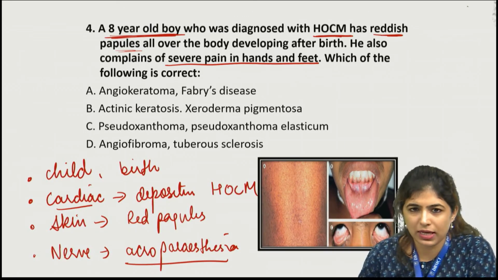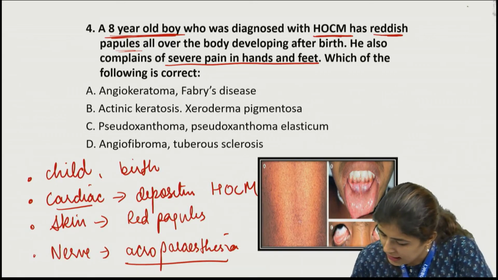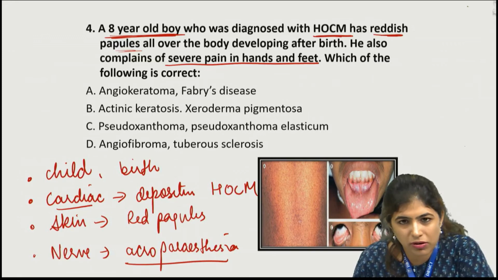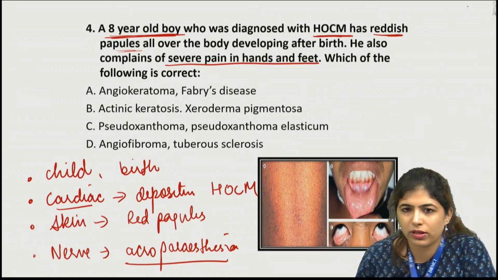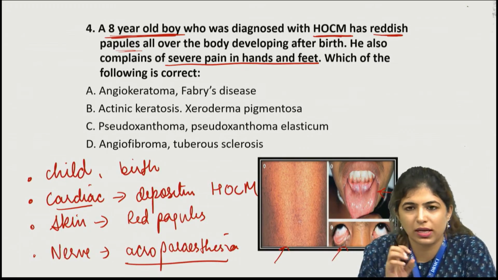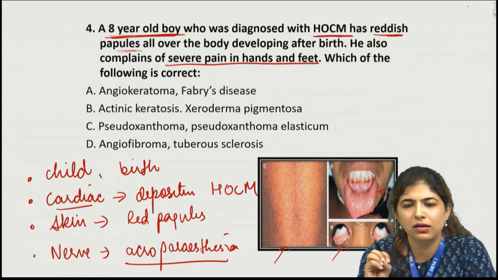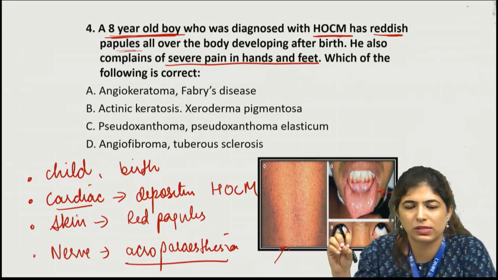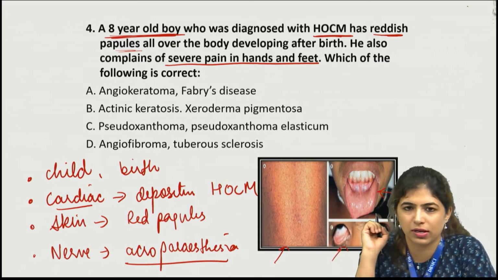Now I come to the image. In the image, I see that the lesions are present on the trunk, on the mucosa, and the conjunctiva. So there are cutaneous lesions and mucosal lesions, mucosa being oral and ocular.